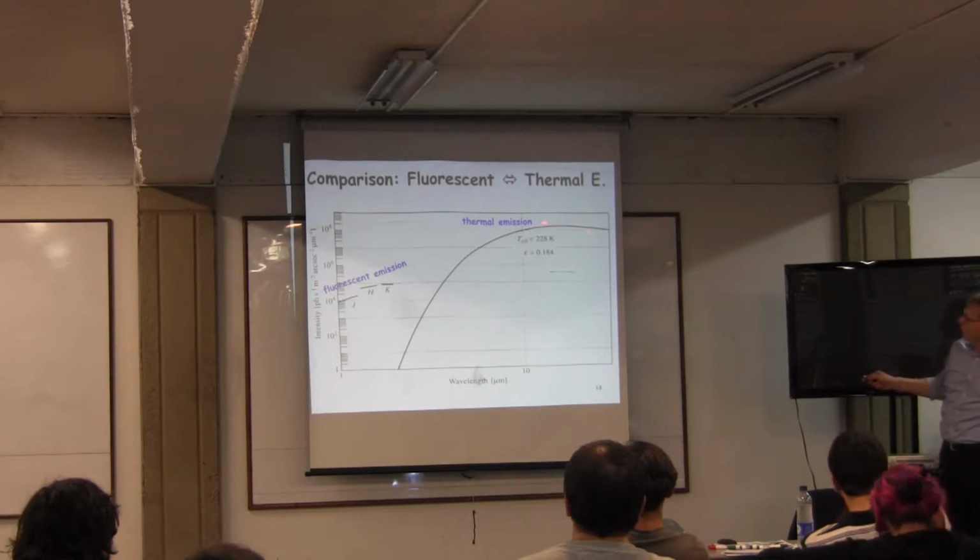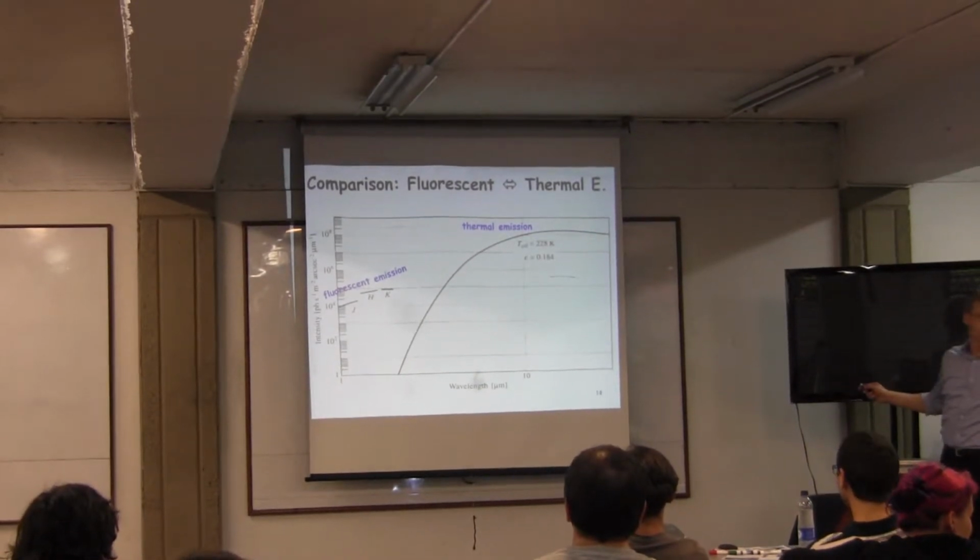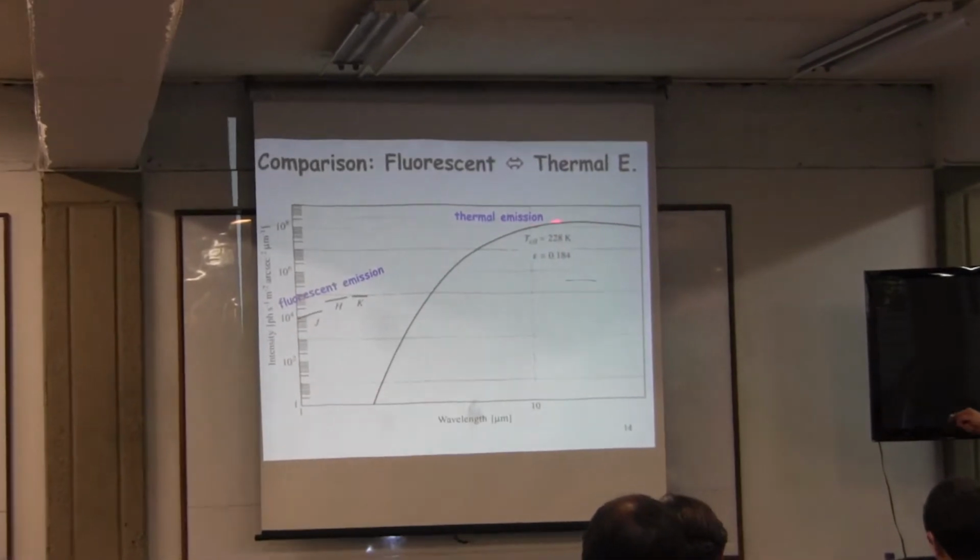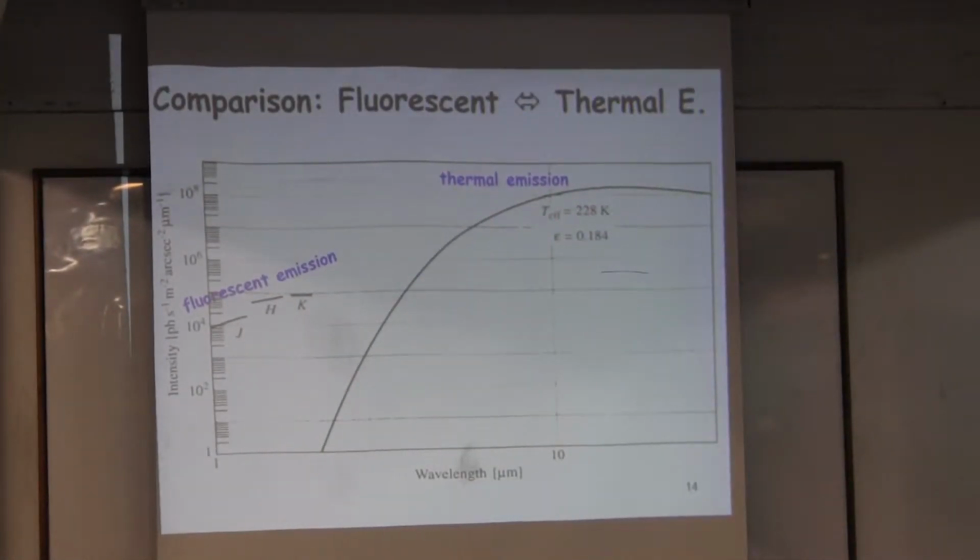You should be able to recognize the shape of a black body. For this case, it's an effective temperature of about 230 Kelvin, with relatively small emissivity, but it dominates the background entirely at longer wavelengths.